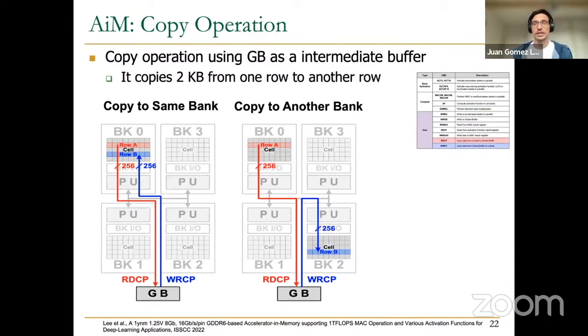Another interesting operation, and probably pretty useful for programmers as well, is this copy operation. In some sense, if not really a novelty, because these kinds of techniques have been proposed in the past, I can talk about the RowClone work from our group that was presented in MICRO 2013, and actually I introduced in the first lecture of this course.